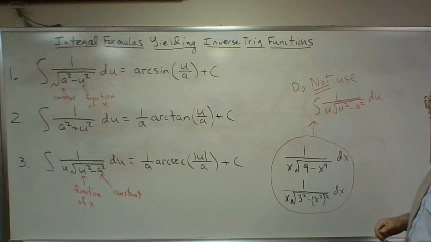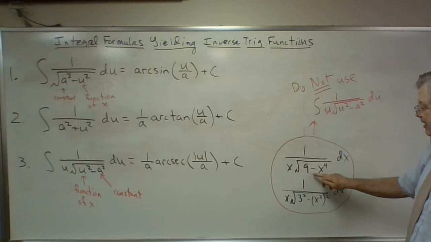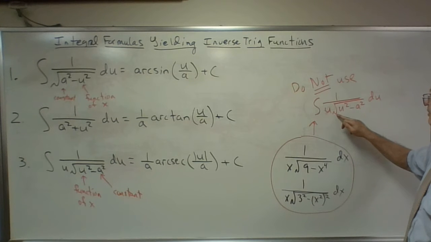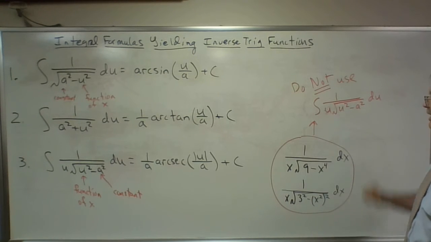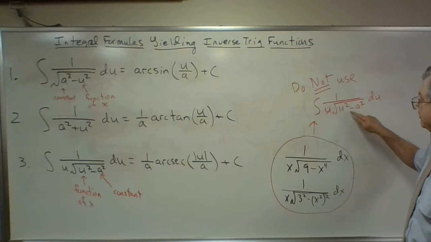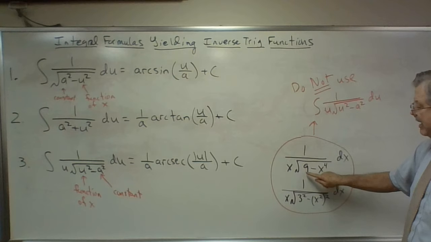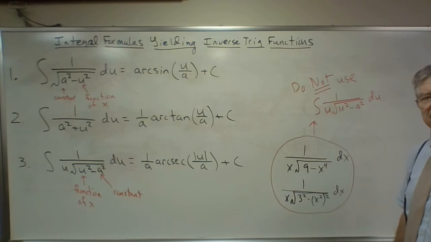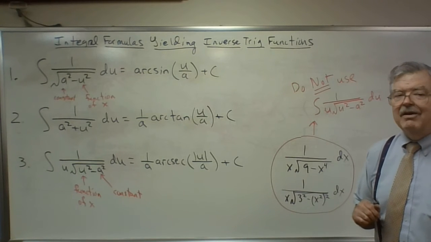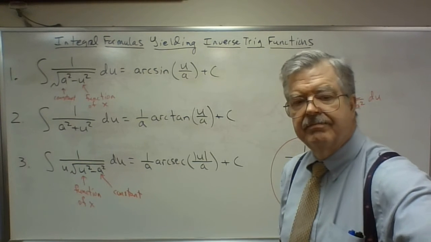It's tempting because on the bottom we have something times a radical that has the difference of two things. And in our formula we have something times a radical that contains the difference of two things. But they don't match up. Under the radical we have function minus a constant here in the formula. And down here under the radical, we have constant minus a function under the radical. In plain vernacular, it ain't gonna work. We can't do that.